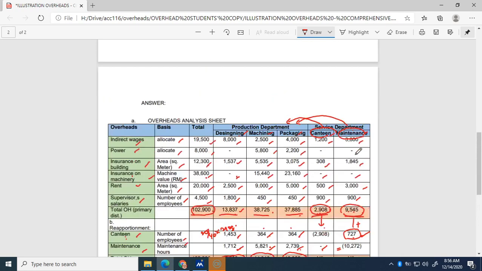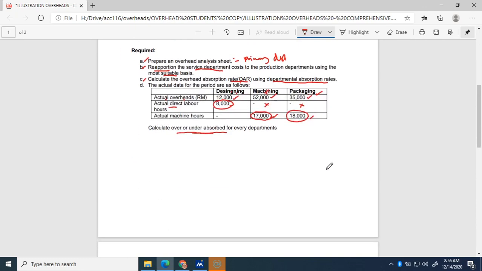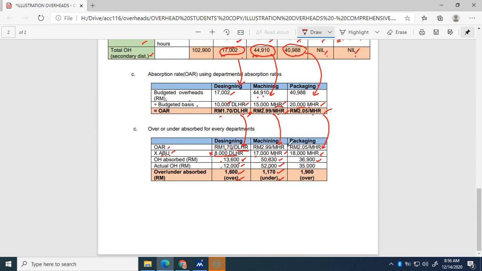Compare with the actual overhead of 35,000. The difference is 1,900. Since overhead absorbed of 36,900 is more than 35,000, this is over absorbed. So this is a comprehensive illustration on overheads.